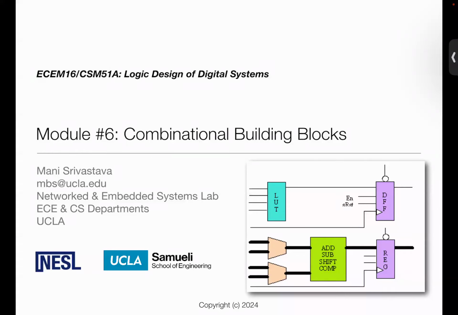Okay, so last time we saw how to design combinational logic circuits using Karnaugh maps and the whole idea of prime implicants, essential prime implicants, and so forth.